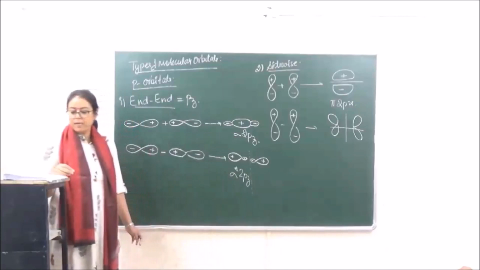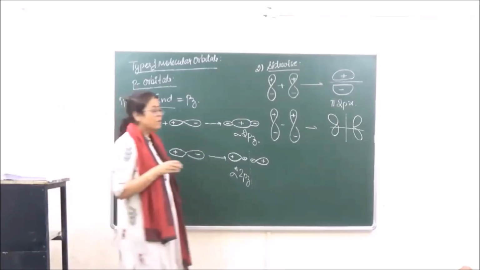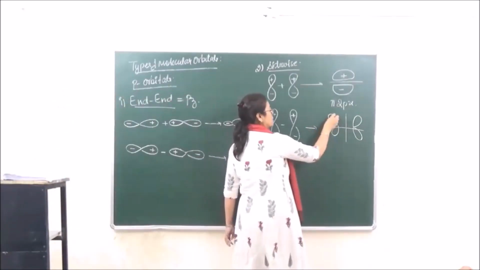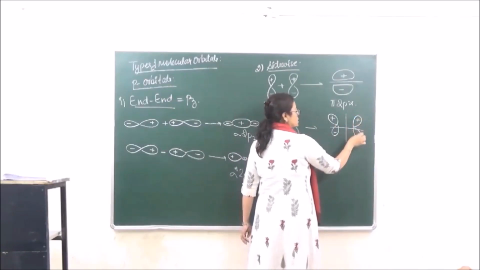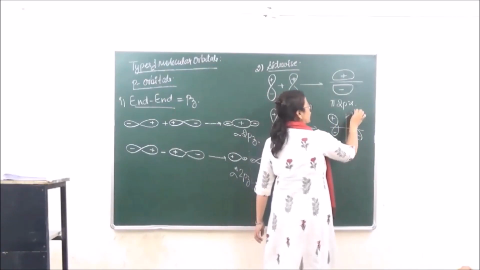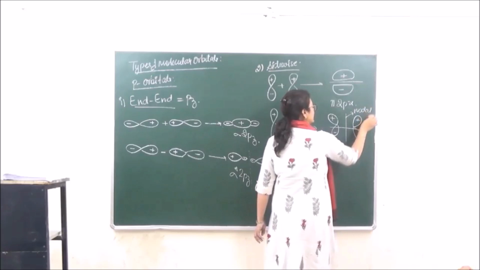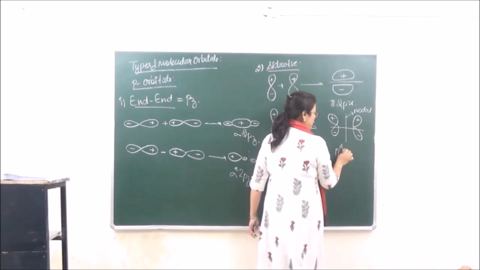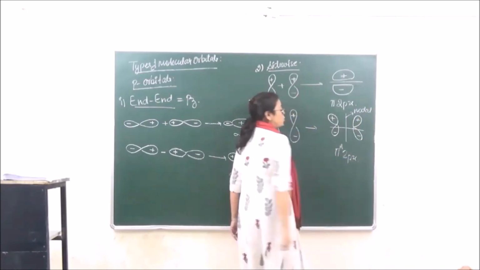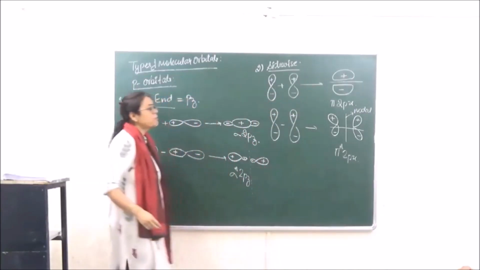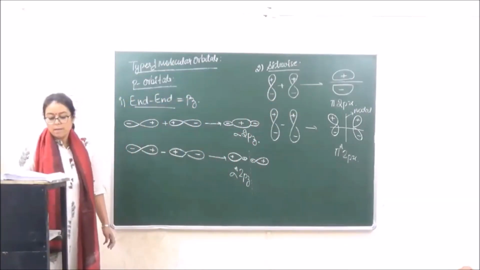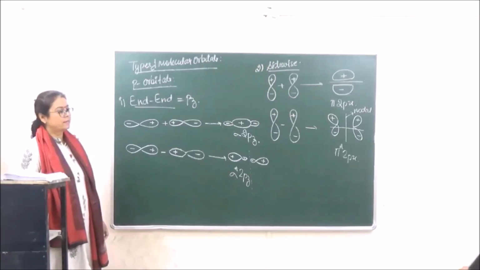Okay, so it's kind of a B you can form. We are going to have positive charge and negative charge, positive charge and negative charge. This is going to be the nodal plane, and this is pi anti-bonding 2px. A similar kind of overlap will also take for pi 2py.